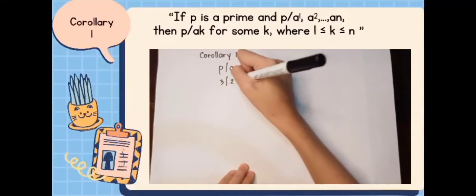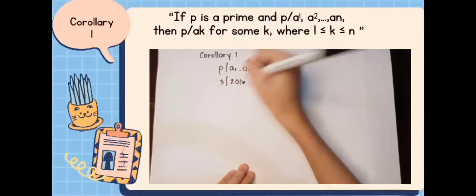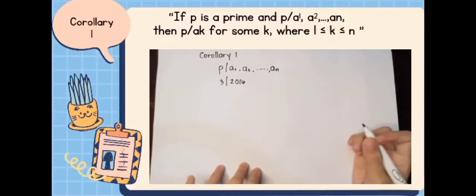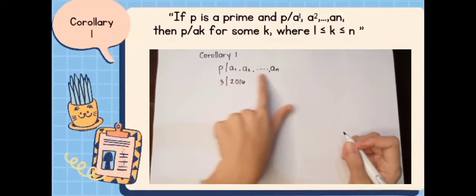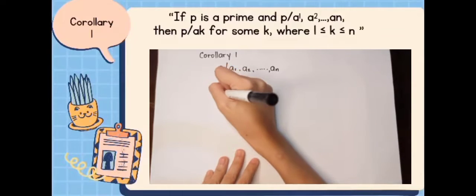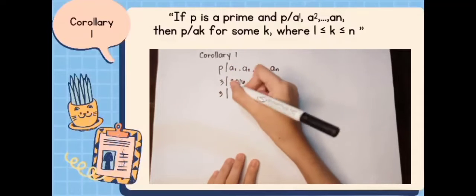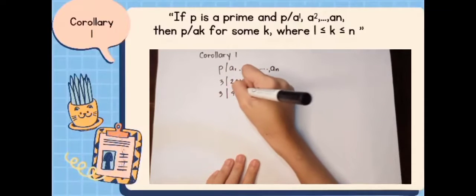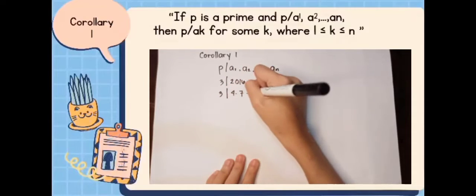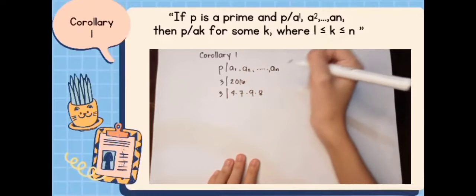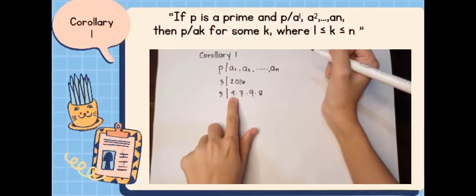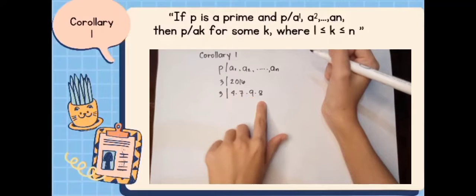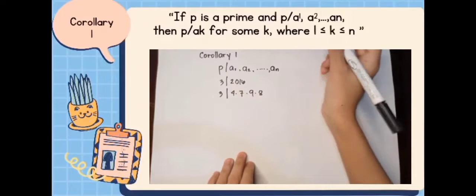And we have the number 2016. Now all we have to do is find the factors of 2016, which are the same as A sub 1, A sub 2, and so on. So we'll have 4 times 7 times 9 times 8. If we multiply all those together, we'll get 2016.